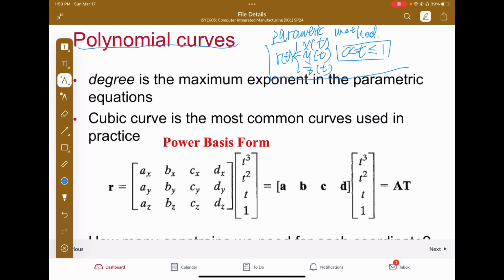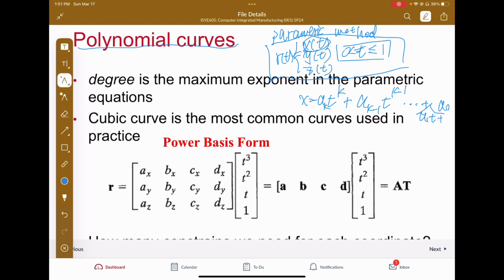So this is the way we describe the curve using the parametric approach. For each component x, y, and z, we want to use polynomial curves to describe it, which means x equals a_k t^k plus a_(k-1) t^(k-1) and so on, down to a_1 t plus a_0.